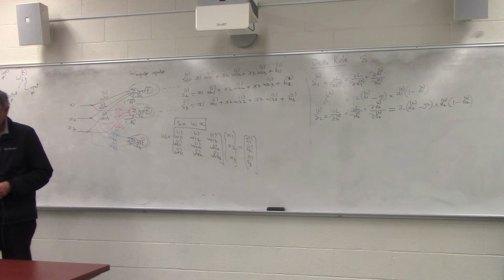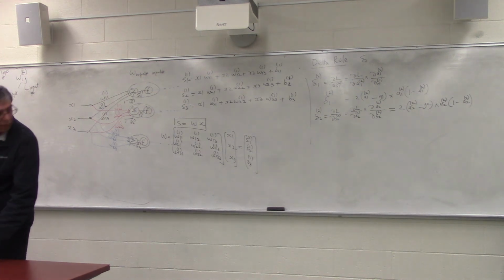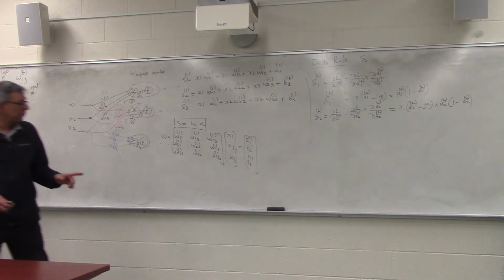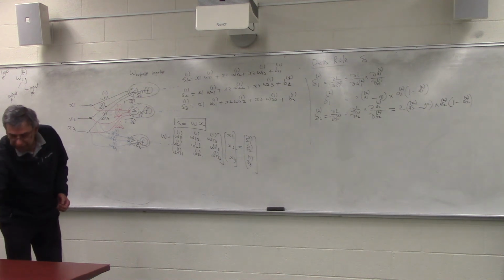But we also have to include the bias for S as a vector. Oh yeah, I forgot. This should be plus B. Good point.